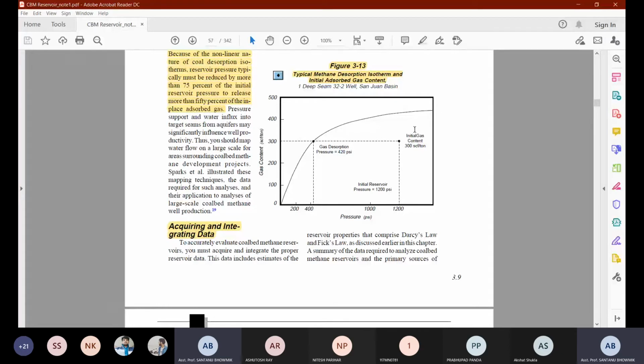If you change the initial gas content, suppose from 300 SCF per ton to 350, then the point should lie higher here. At constant initial reservoir gas content, if you draw a line here, it will try to intercept the isotherm.